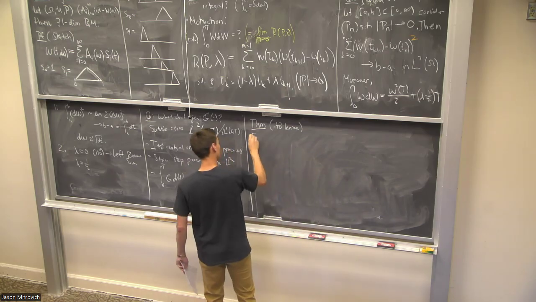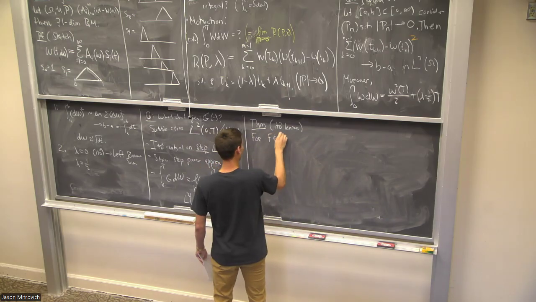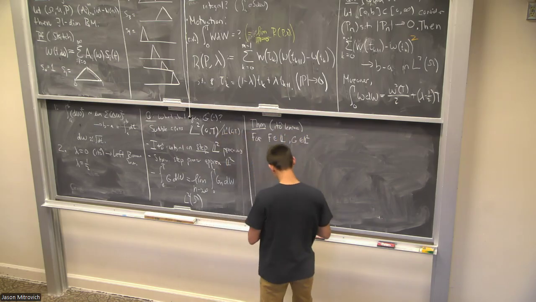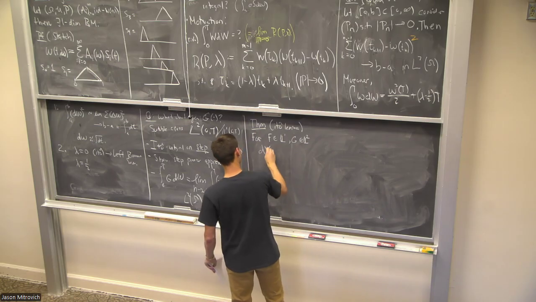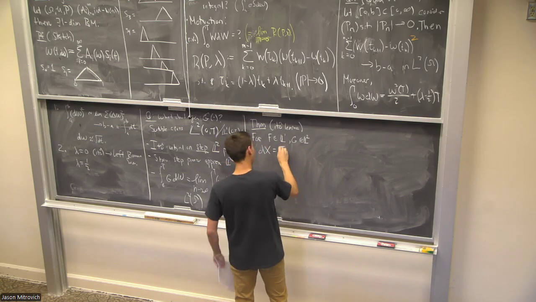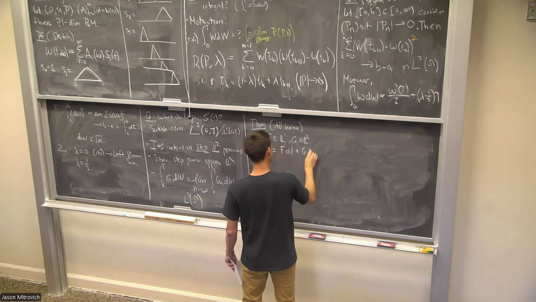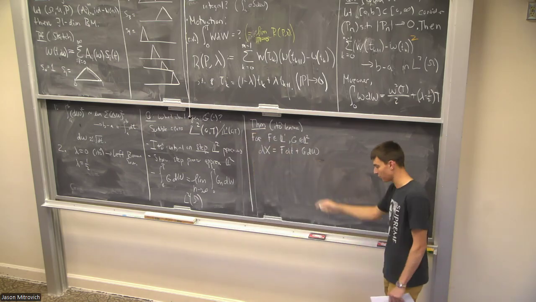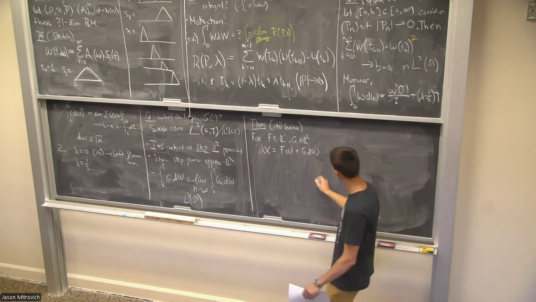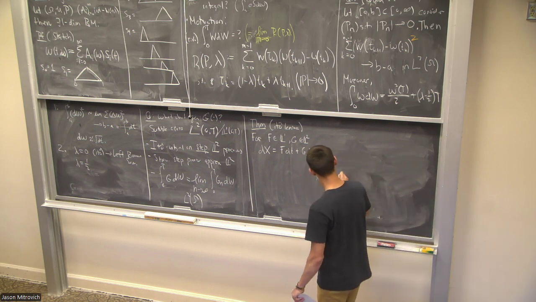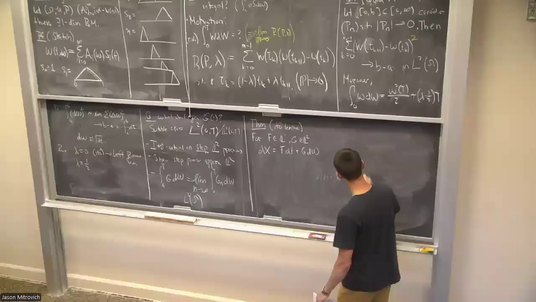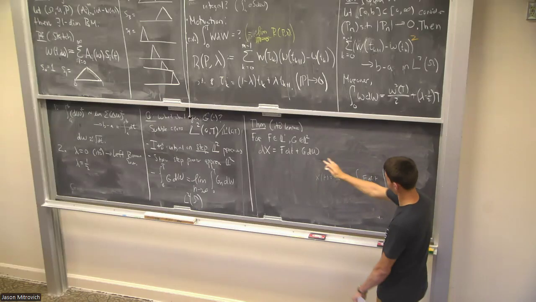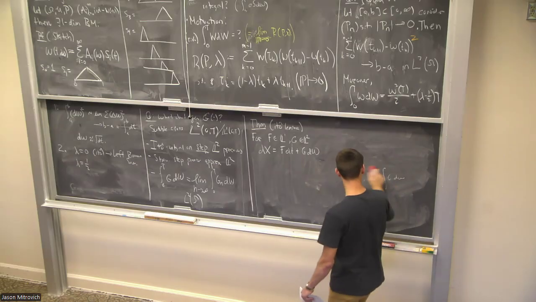So for F in L1, G in L2, we take dX to be equal to F dt plus G dW. Remember towards the beginning, I said that this collection of symbols is represented by these things. So just keep that in the back of the mind.